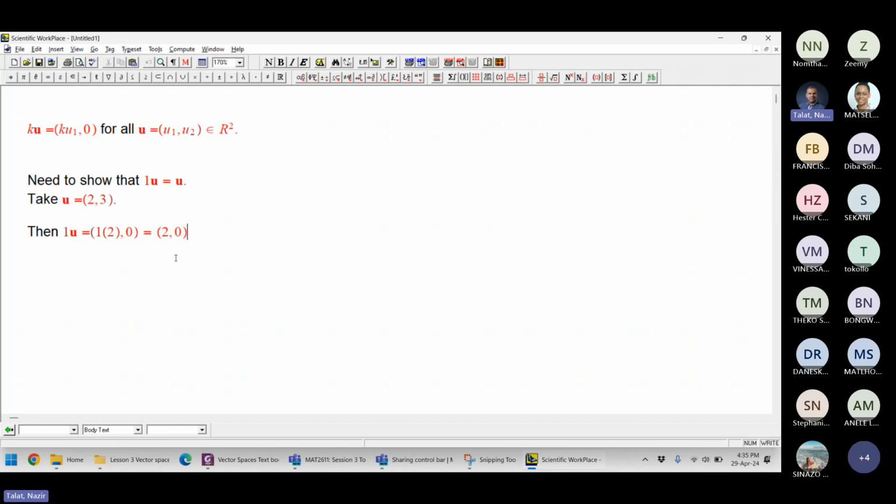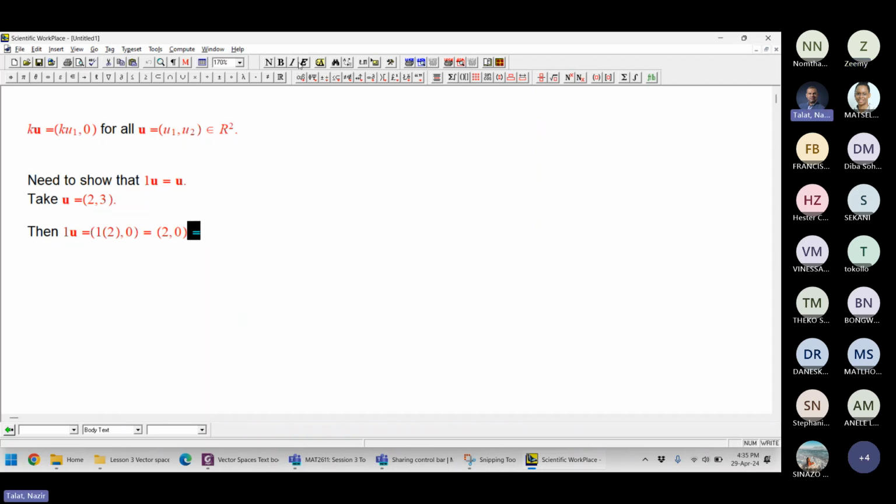Then tell me, is this equal to u or not? The u is (2, 3), but here the answer is (2, 0). Not equal to u.